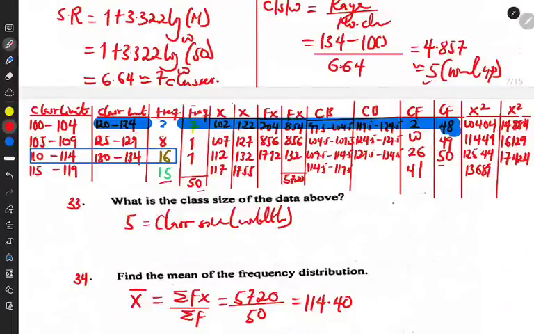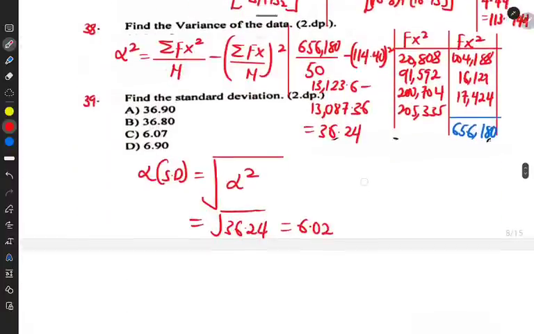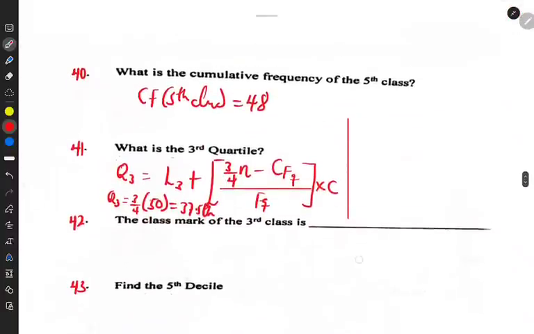So let's take note of that. Here we'll have our lower class boundary of the third quartile to be 114.5. So we just have to bring that up here, do the substitution and flow.